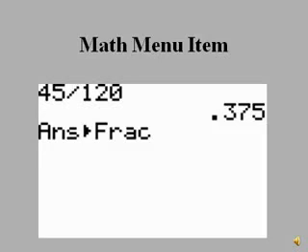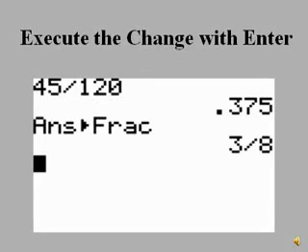Now, when it says answer change to fraction, it means whatever the last number is on the screen, the bottom number, it's going to take that number and it's going to change it into a fraction. So it hasn't actually done that yet. We've given it the command, it's on the screen, and now we're going to go ahead and hit enter one more time, and as soon as we do that, it's going to actually make that conversion for us.